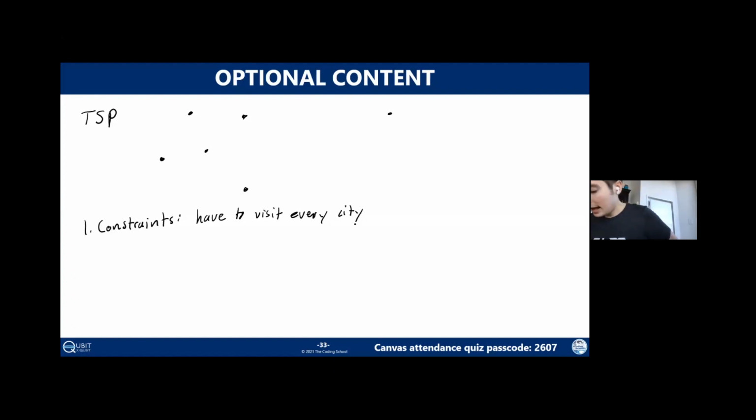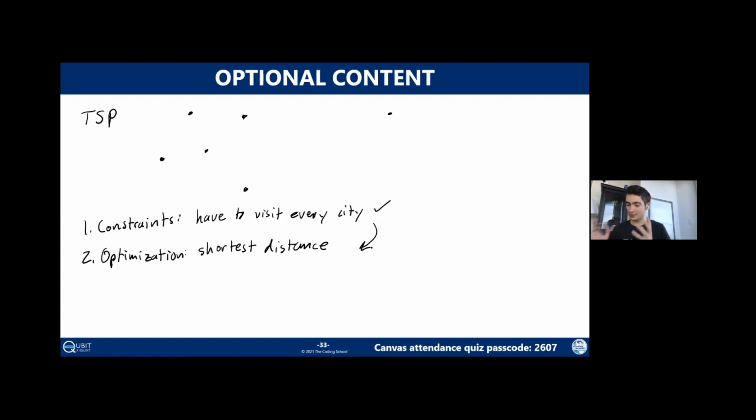The second piece is what we'll call an optimization. The optimization is to find the shortest distance. Another way of phrasing this is: among all possible paths that meet the constraints, which has the shortest distance?